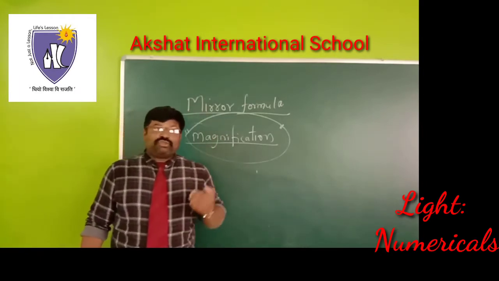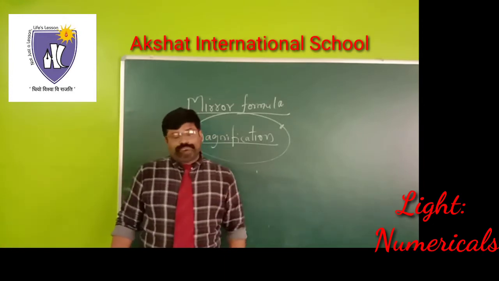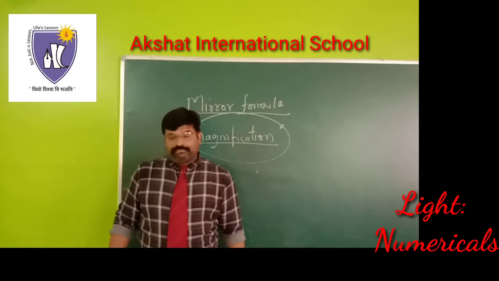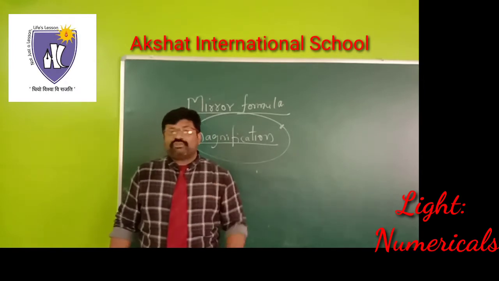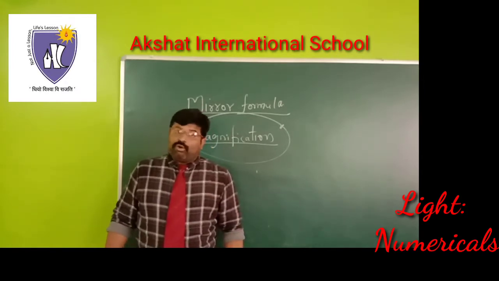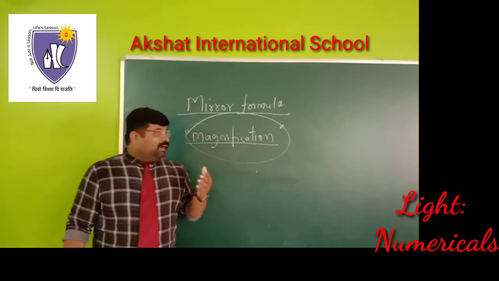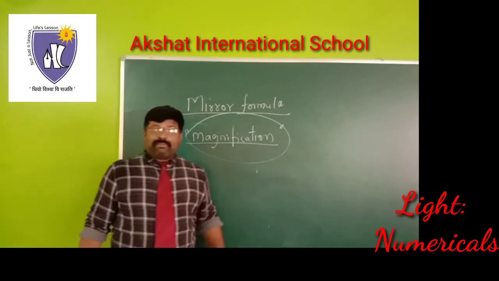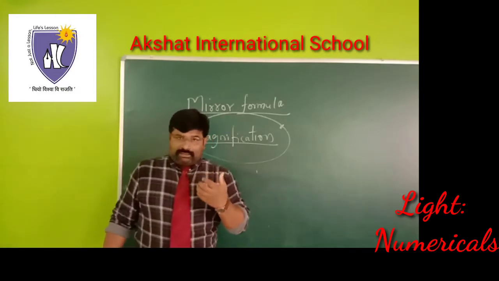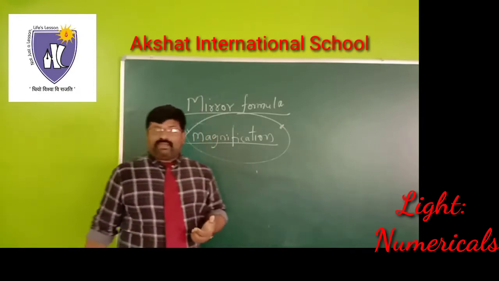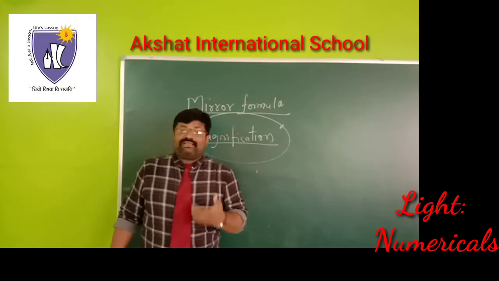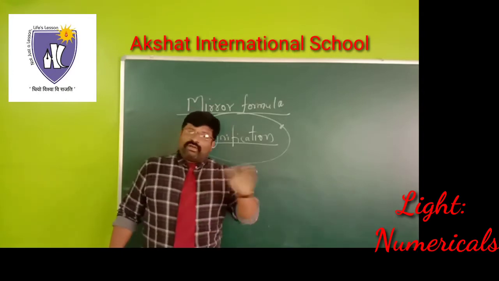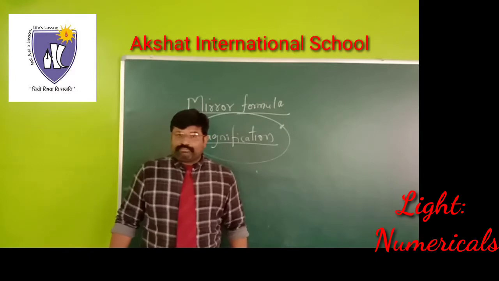Whether the image is magnified or diminished, meaning smaller than the size of the object, can be seen by getting the information about the magnification.